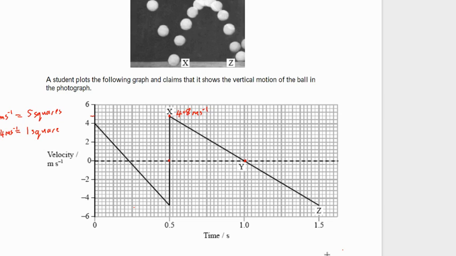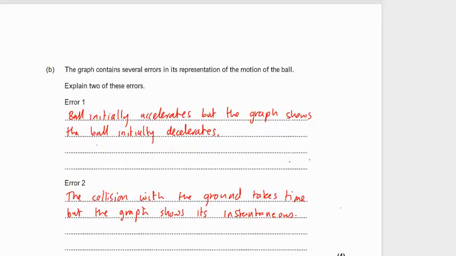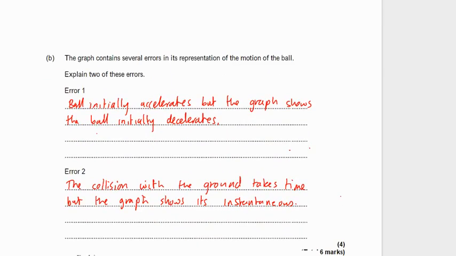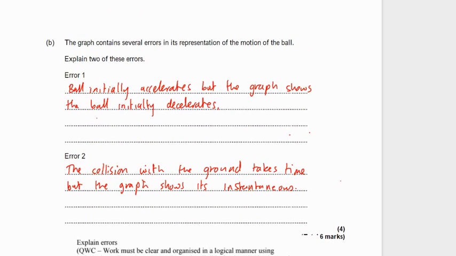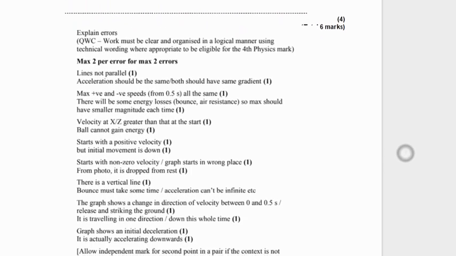That means this line should be slightly angled, and it should take a little bit of time for that ball to change direction and move upwards. So that's the second point. The collision with the ground takes time, but the graph shows it's instantaneous. So that's 1 mark for each. However, there are so many different possibilities here.